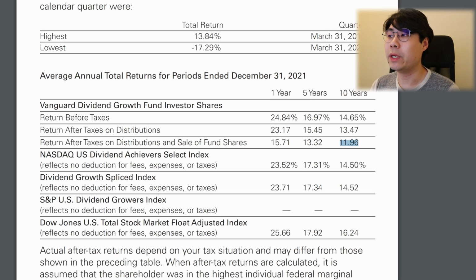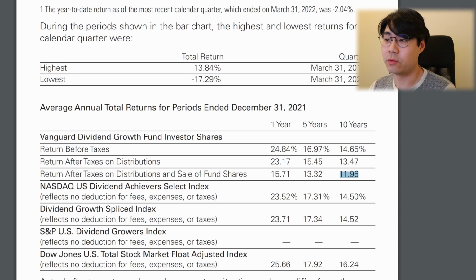And in the future, we can also dive into how to determine whether a mutual fund is good or not. But in this case, you definitely want to look at both. You want to look at what is the average return. And usually you want to look at a time horizon that's closer to what you need. So if you're a long-term investor, you want to look at as long-term as possible.